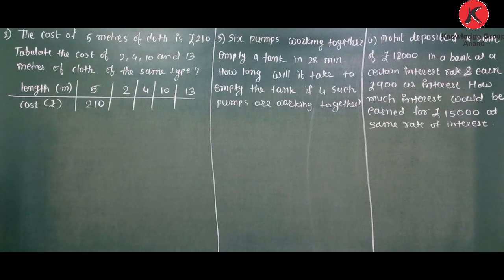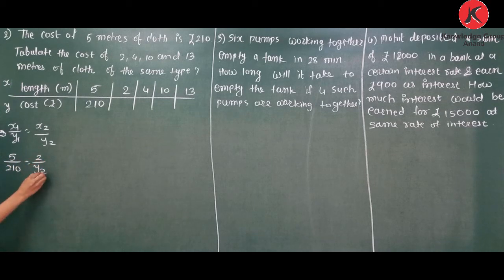So you will understand which method can apply in which example. So here, these values are for x and these values are for y. So x1 divided by y1 is equal to x2 divided by y2 because it is in direct proportion. So 5 by 210 is equal to 2 by y2. y2 we need to find.